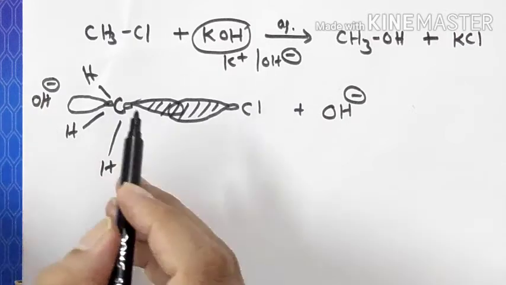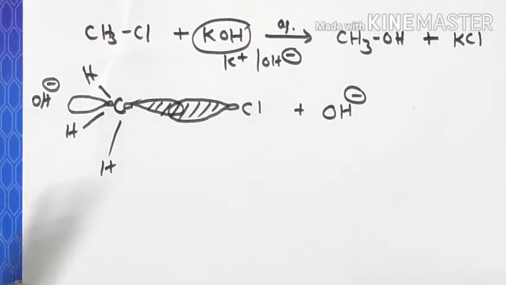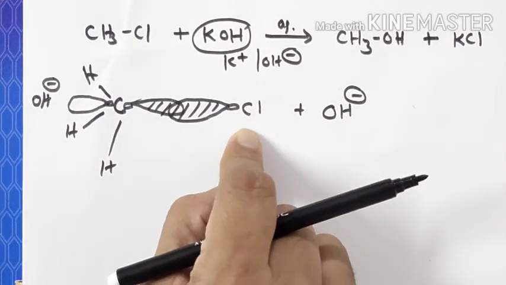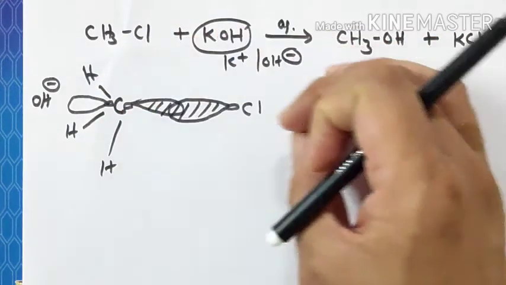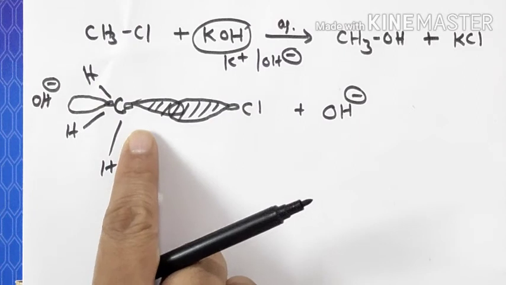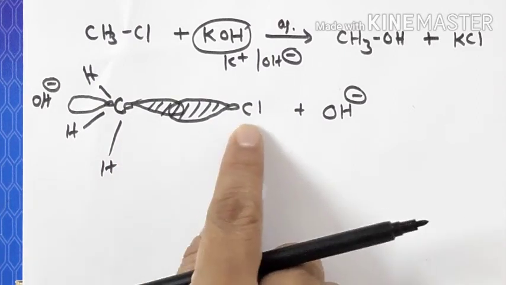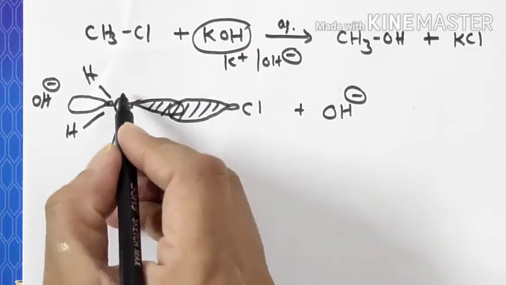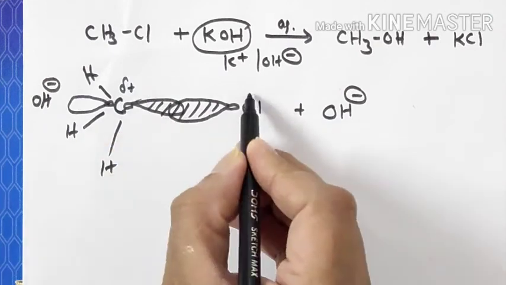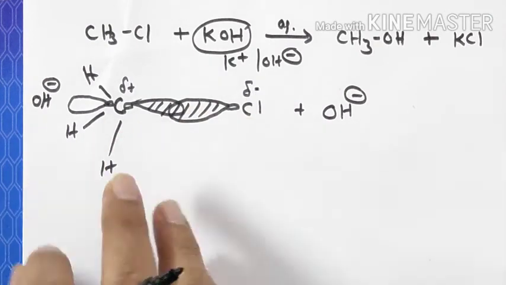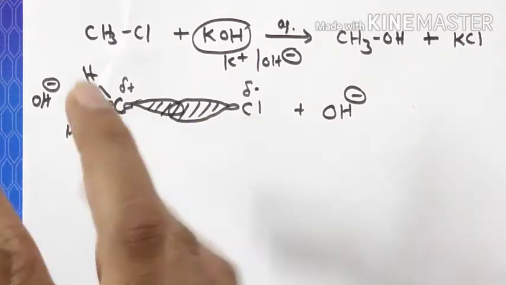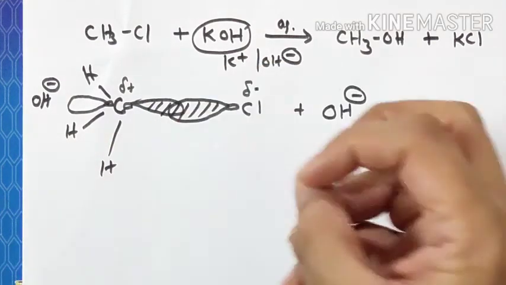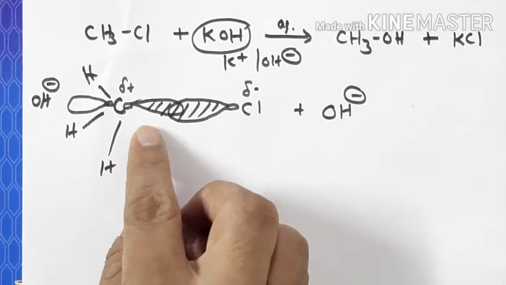Now understand one thing, student. Between carbon and chlorine, chlorine is more electronegative. Since chlorine is more electronegative, it will tend to pull the electron to itself, right? So when the electron moves towards chlorine, there will be a partial positive and a partial negative charge.